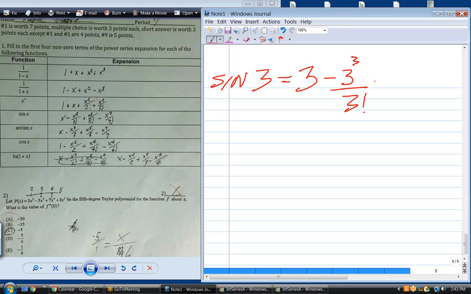You understand how that can be used to approximate. Well, if I use just the first 4 terms of this, I'm going to get the sine of 3 to an accuracy of like 8 decimal places. That's how good infinite series are at approximating a number.